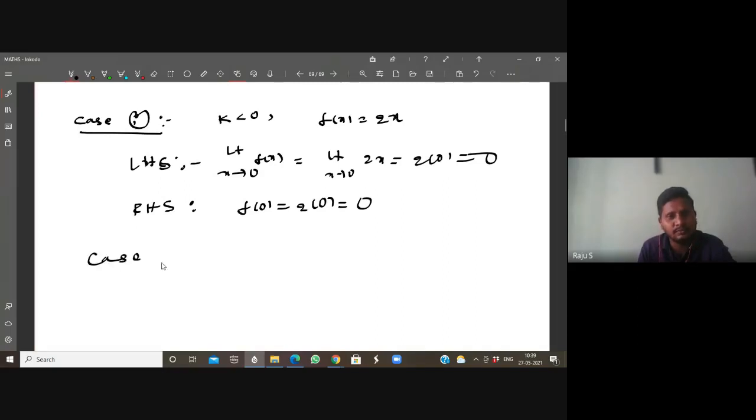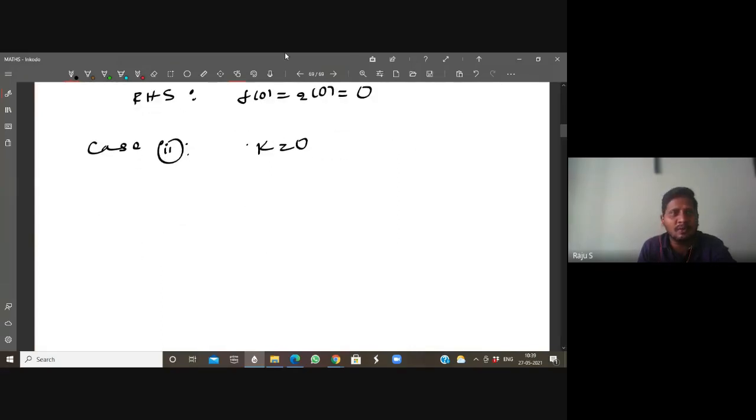Case 2. Just now I have clearly written k is equal to 0. Now k equal to 0 means the function is approaching from the left side to 0 and from the right side to 0. So at k equal to 0, two different formulas are there. First, limit x tends to 0 minus f of x.